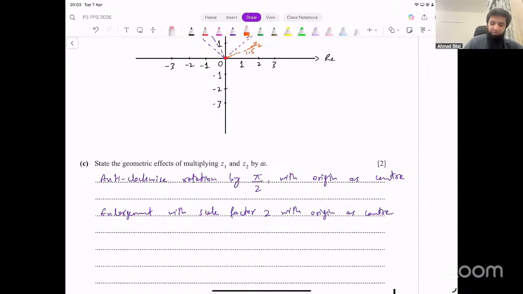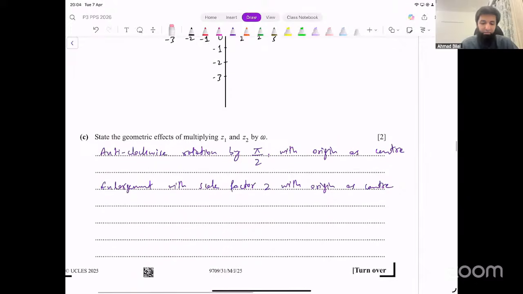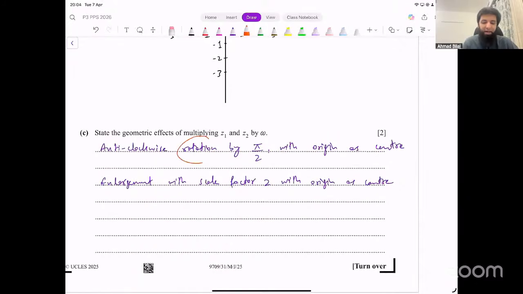So both of these transformations are not exactly part of your syllabus for A levels. You are using them from O levels. So for that reason, they might give you some leeway if you describe it some other way as well. But I would not recommend that you risk it. It's better to use the actual words rotation and enlargement, and that will be safer.